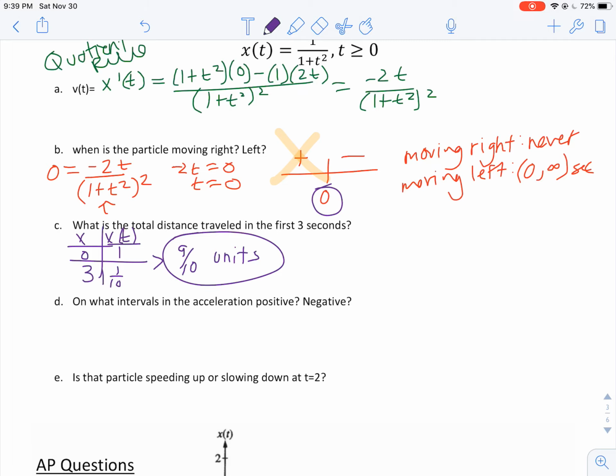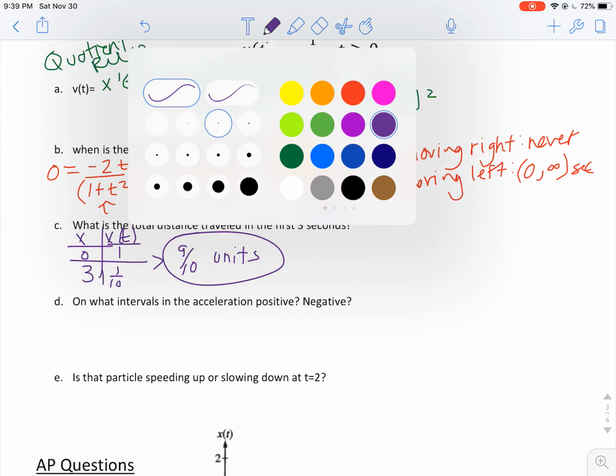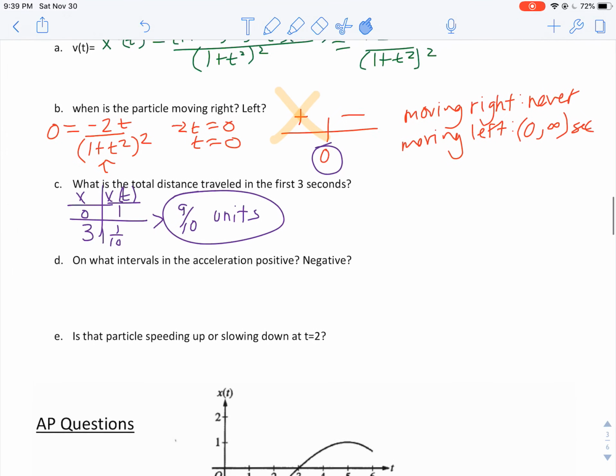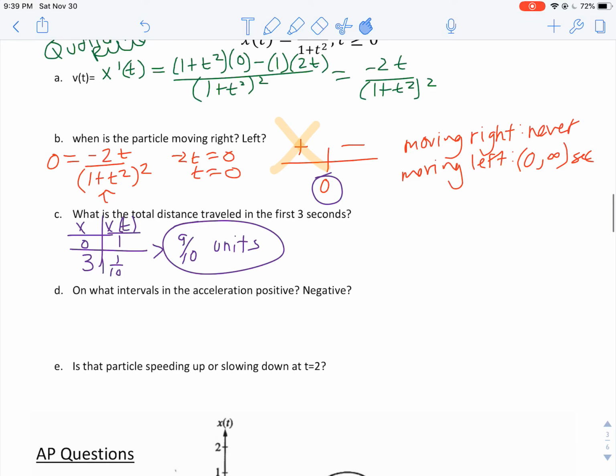All right, on what intervals is the acceleration positive or negative? All right, so here's where we have some real fun algebra. So we have to do quotient rule again using our first derivative, which is over here, just to refresh your memory. So we're doing second derivative as our acceleration.